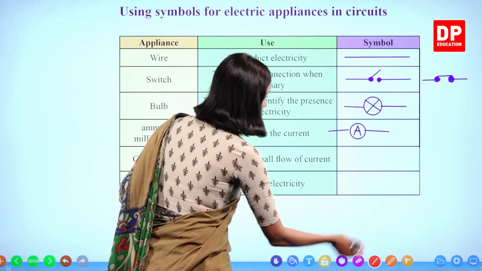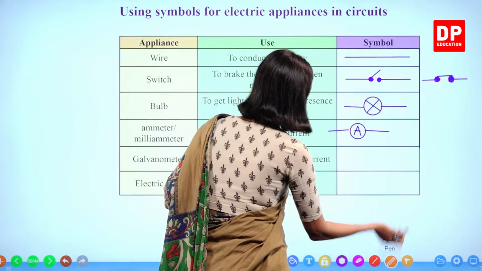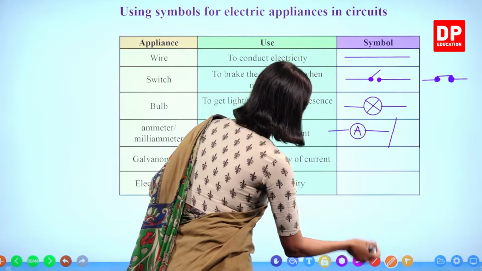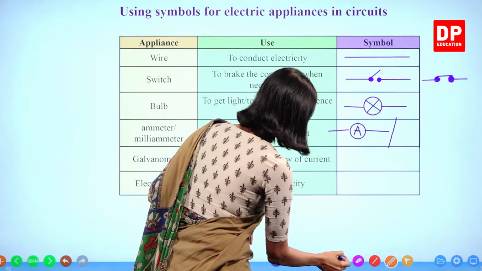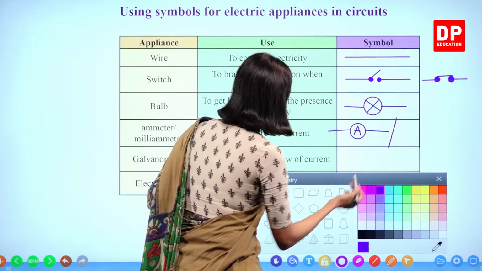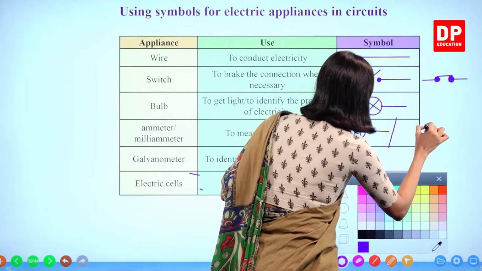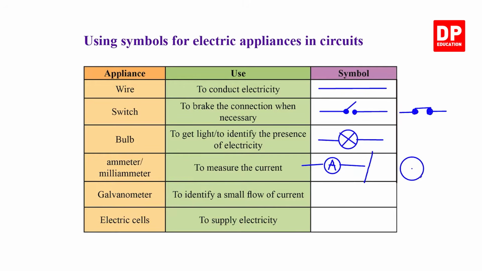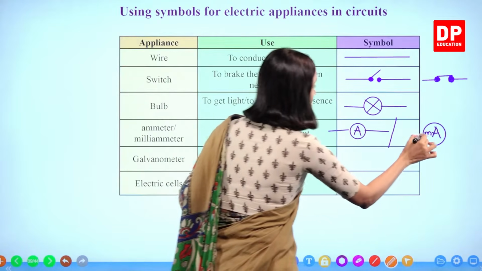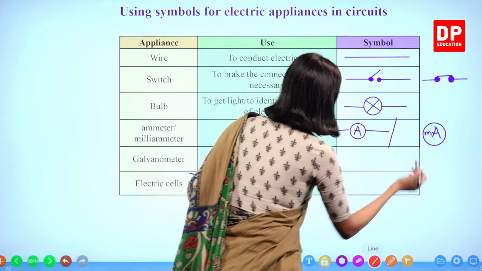Okay? So how to draw a milliammeter? Milliammeter is the same thing, but instead of capital A, we write M and A both. It's also very easy. You draw a circle. You have to write a small m and capital A like this. Okay? Small m, capital A, milliammeter.